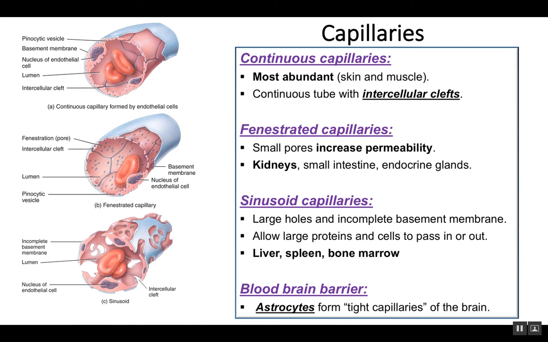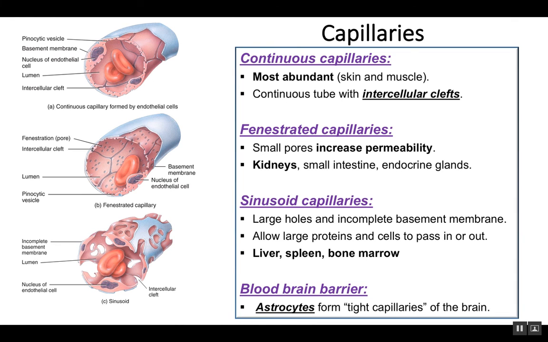Finally, there's a fourth type of capillary that you learned about in A&P 1. It's called the blood-brain barrier, which is only found in your brain, obviously, and it's often referred to as a tight capillary because it doesn't allow much exchange. And the blood-brain barrier is formed by a specific type of cell called an astrocyte.